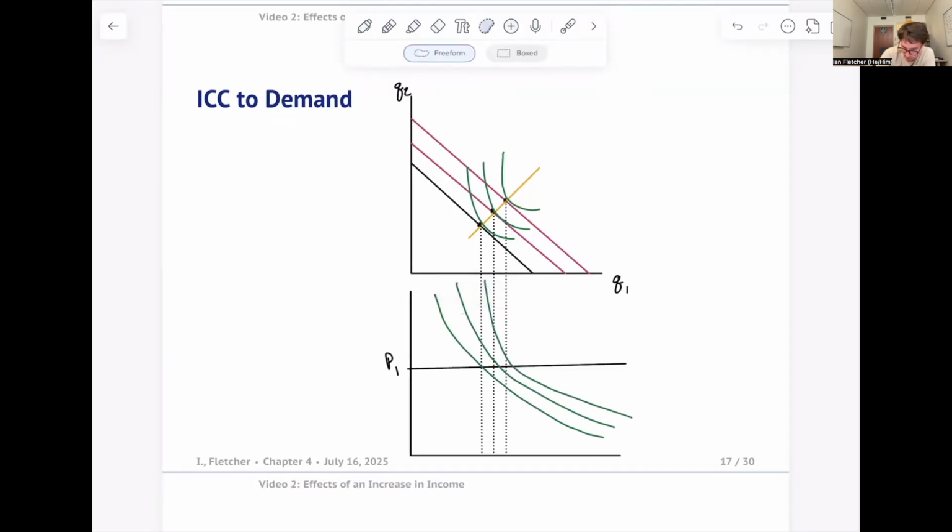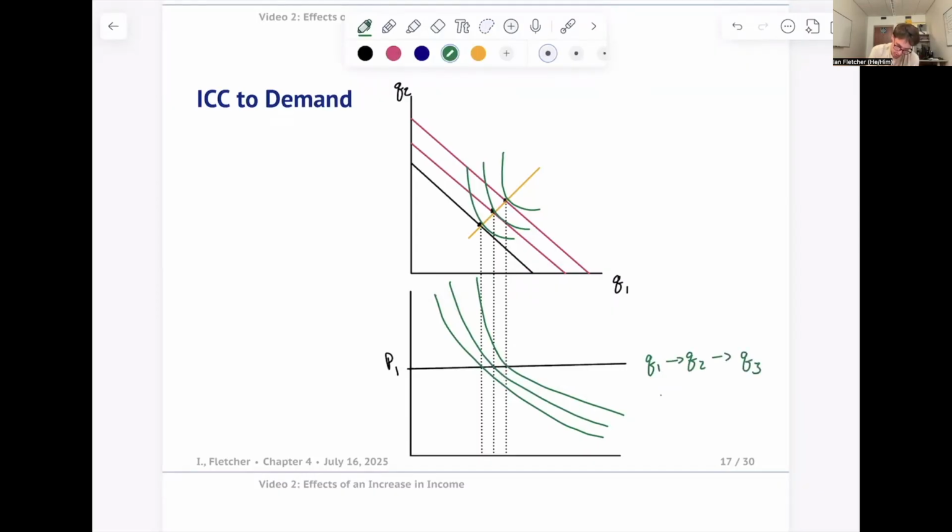Let me make sure that these are going through each of these points. And we should be able to show the natural progressions of quantity increases but price remaining constant as income increases. And that would be how you would derive your demand curve. But again, you just want to make sure that these things are consistent. This is more of a sanity check than anything to be taken away from.